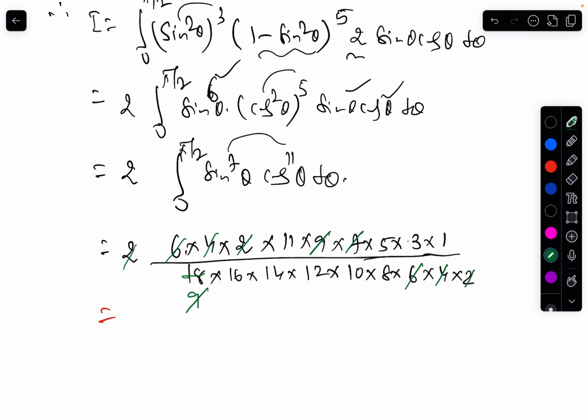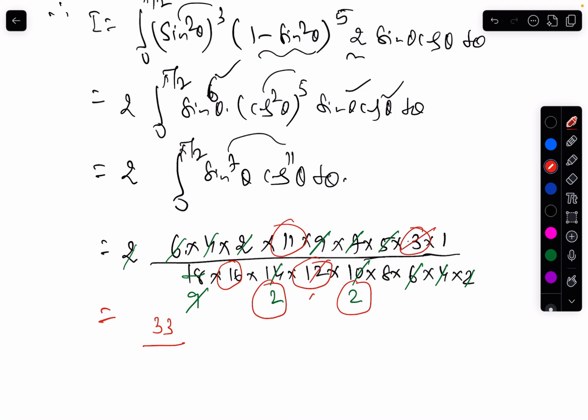Then this 7 is a 2 here. 5 is 2 here. 3 will remain. So here we have 3, 11. That is 33. And here we have 16 into 2 into 2. Yes, 12 is there.